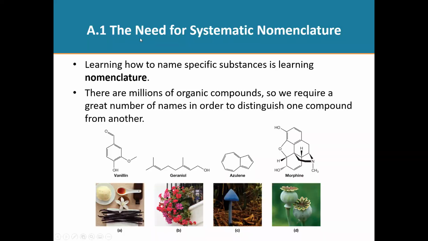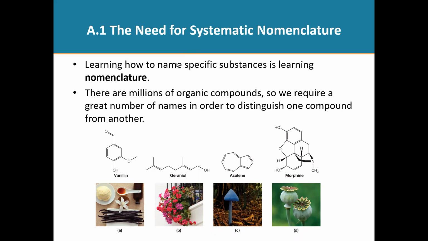All right. So, why would you want to learn how to name organic compounds? Because there are millions of organic compounds, and there just has to be some set way of going about naming compounds. That way scientists, when they talk about a name, everyone's talking about the same compound.